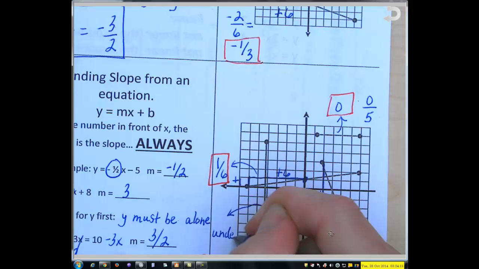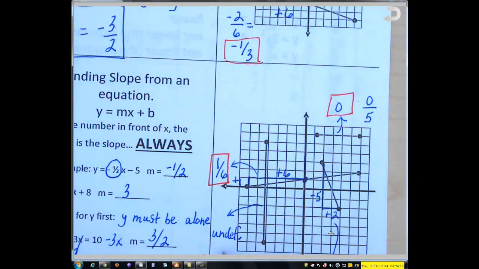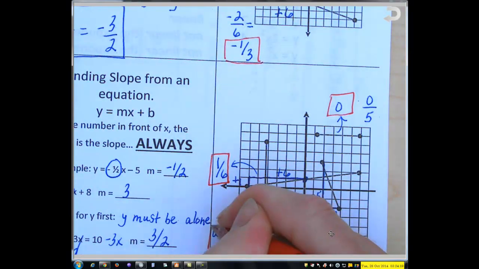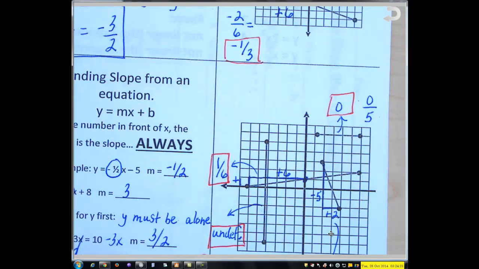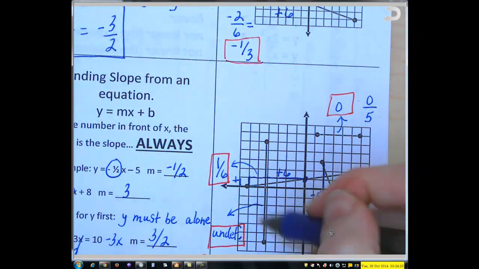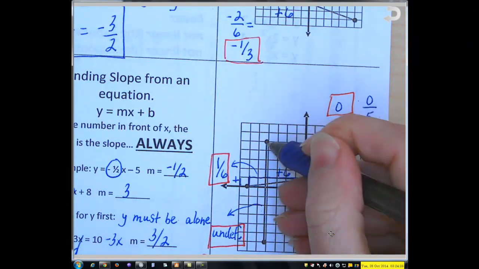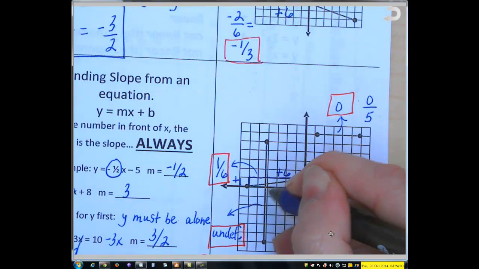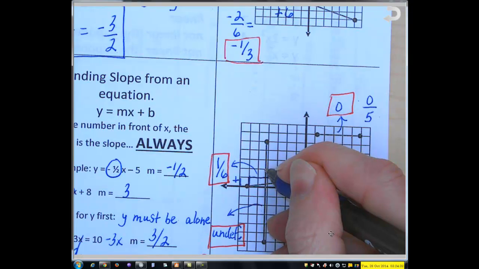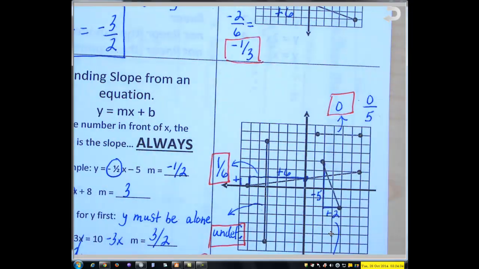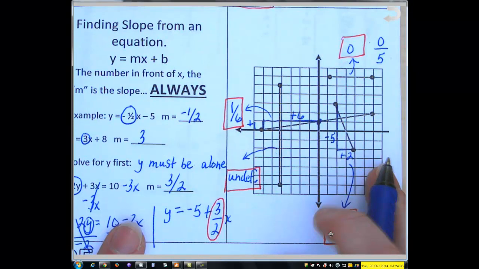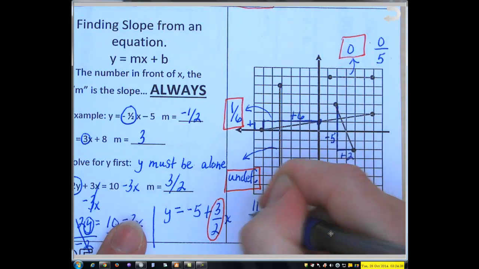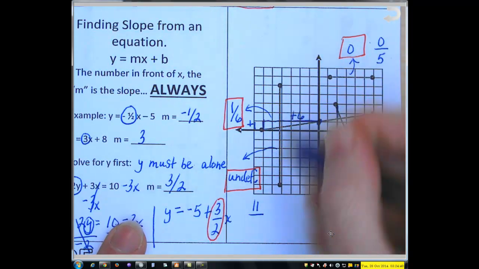Okay, this vertical line here we know is going to have an undefined slope, and you can abbreviate that if you want to. Let's count this and make sure that it really is an undefined slope. Okay, so what is the rise between these 2 points? Let's count it. 1, 2, 3, 4, 5, 6, 7, 8, 9, 10, 11. So we have to rise 11, and how much do we have to run between these points?